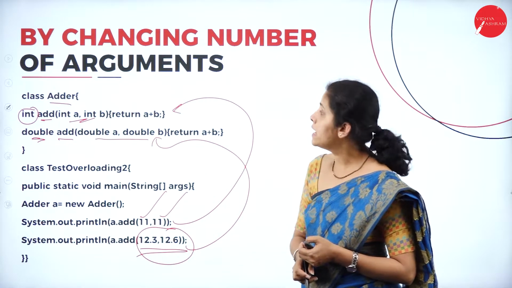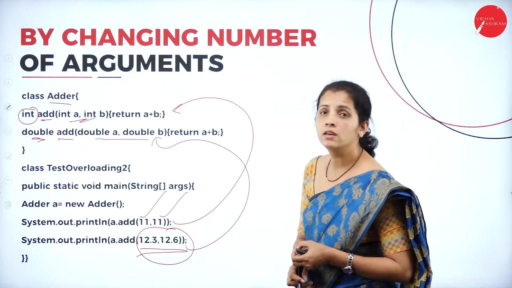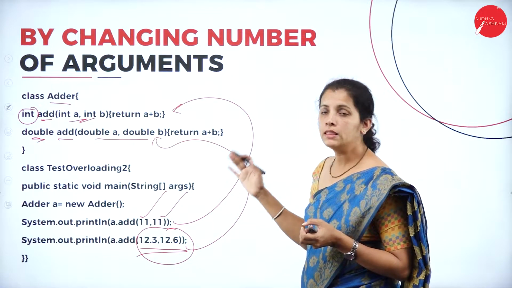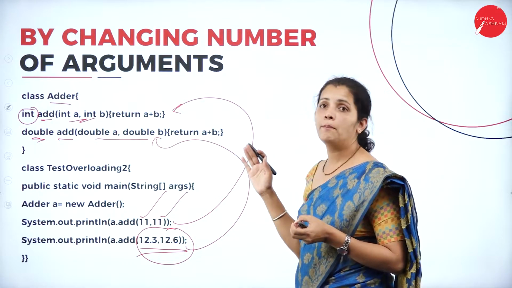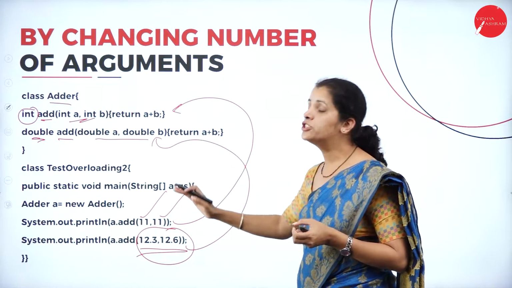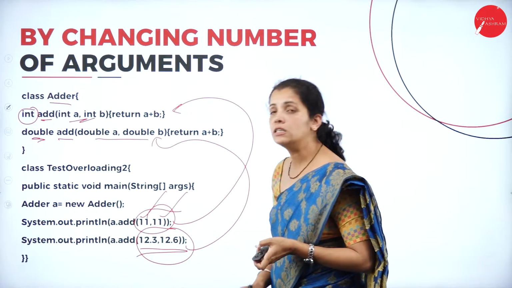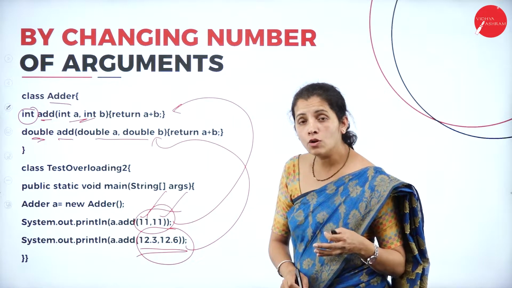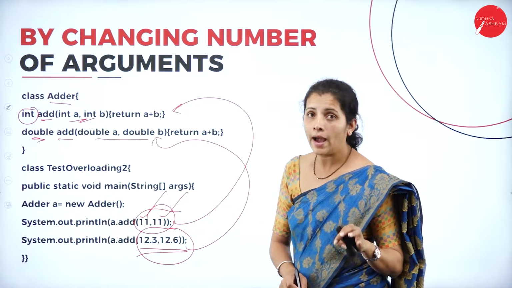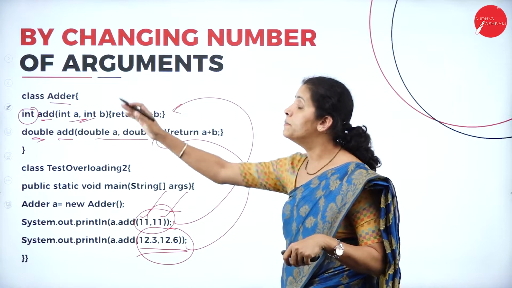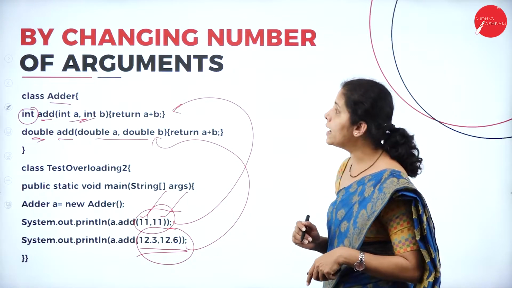So this is the way I can use method overloading in my program. Now the job of the compiler is to differentiate the methods based on the parameters, the type of parameter and number of parameters, as well as the return value.